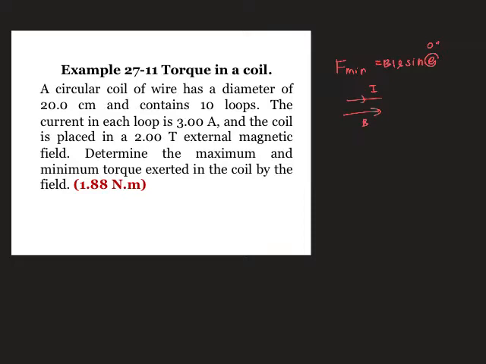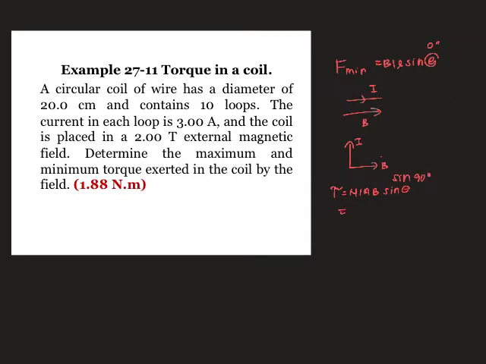For the maximum, definitely the direction of the current carrying wire should be perpendicular to the direction of the magnetic field. So for this one, you are going to use torque equals NIAB sine theta, and because it is maximum, it is going to be sine 90.